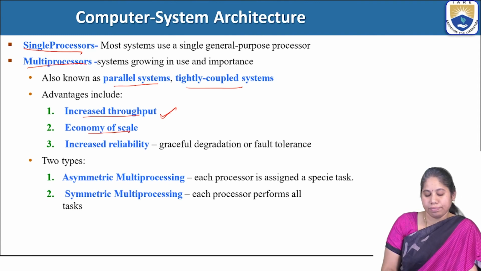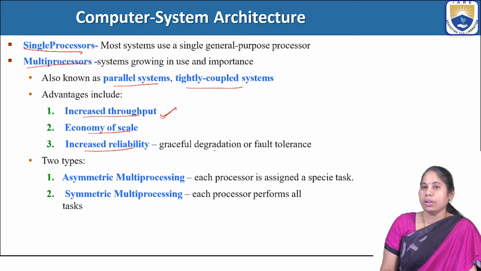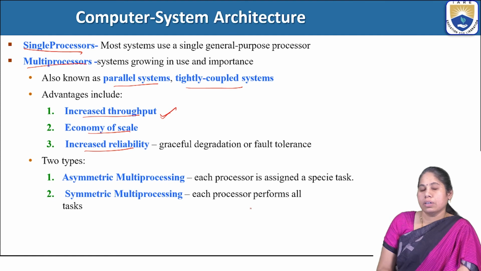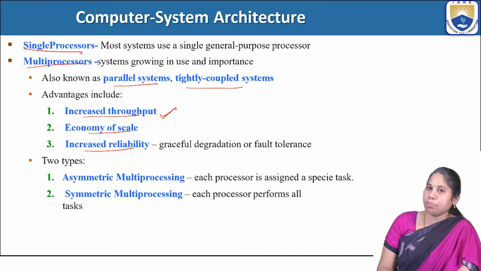Economy of scale. With that I can scale up my project, and increase the reliability, graceful degradation or fault tolerance. Reliability in the sense that I will keep multiple copies somewhere, and if something fails, I have a backup copy so that I can retrieve the information.